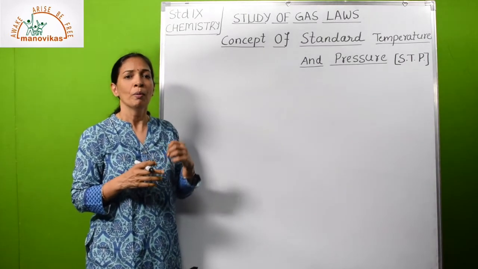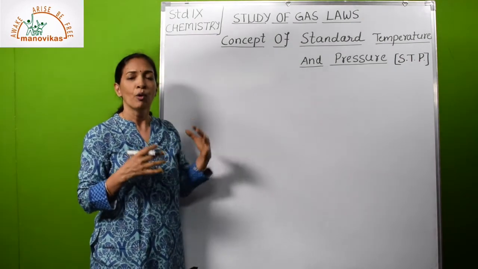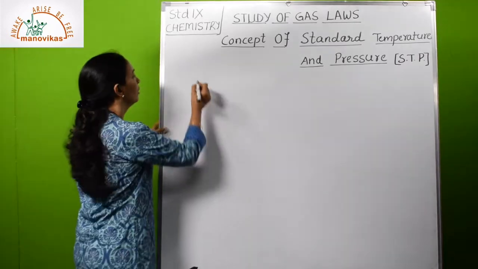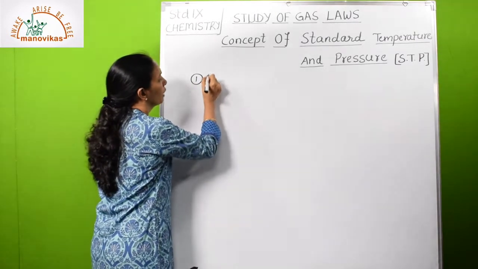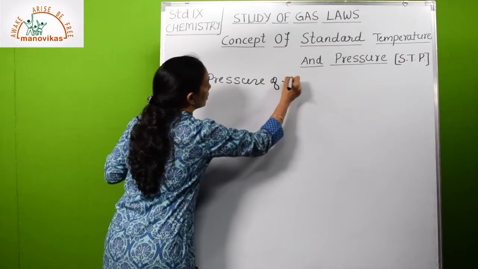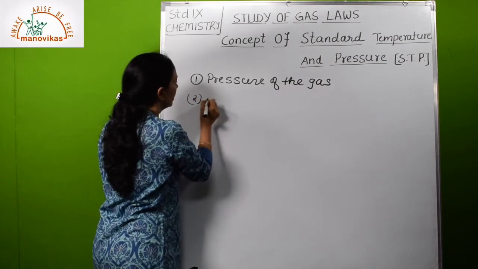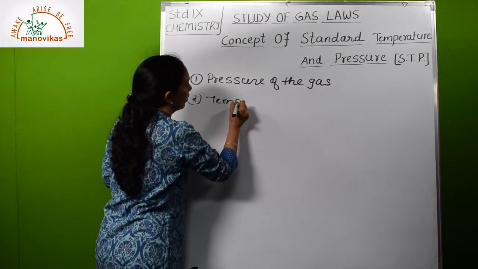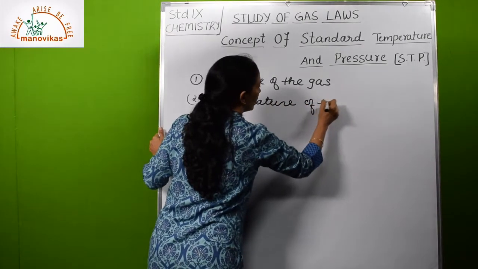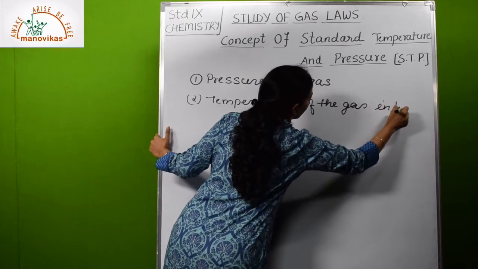By understanding these laws, we have come to the conclusion that the volume of an enclosed mass of a dry gas depends upon, first, the pressure of the gas, and second, the temperature of the gas in Kelvin.